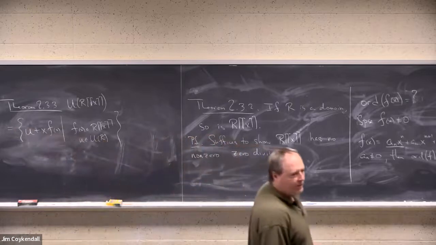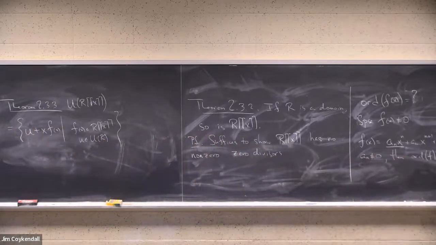So what this theorem is telling you is there are a lot of units in the power series, because all you have to do is make sure the constant term is a unit, and you're good to go.